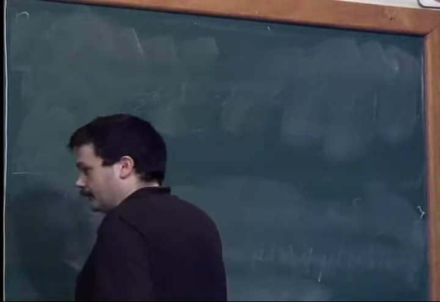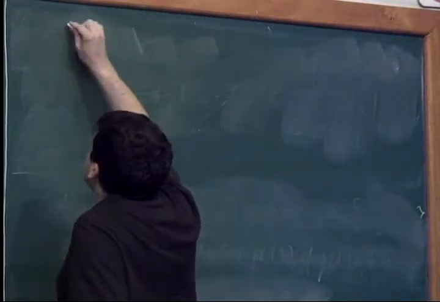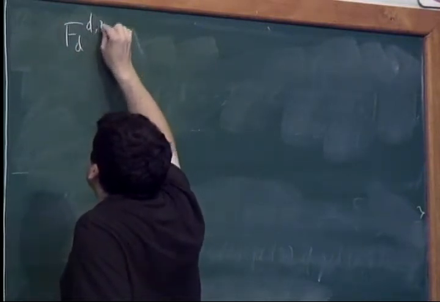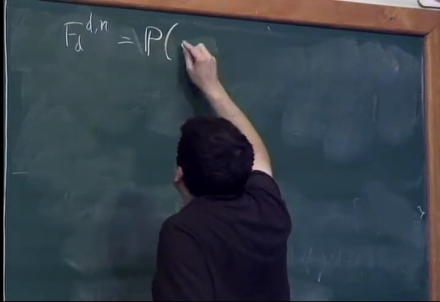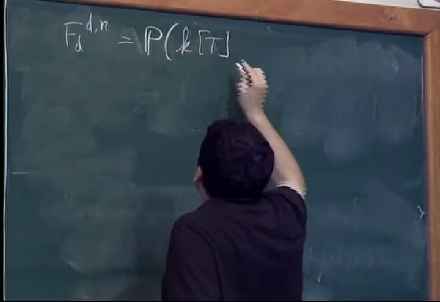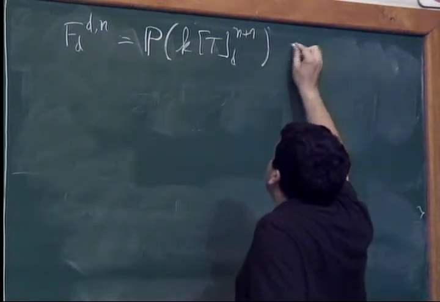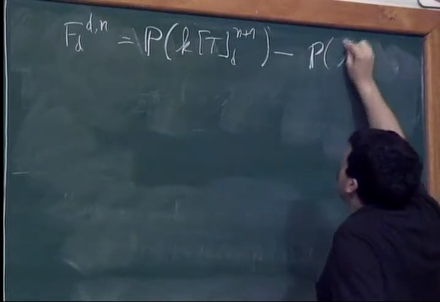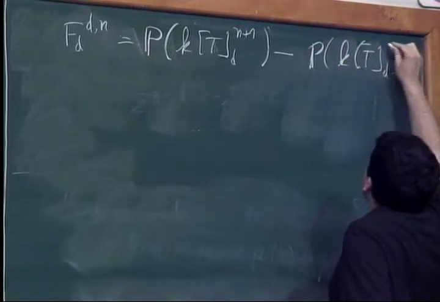So first of all, let me start with the maximum of the degree equal to d. So this is F_d^n. This is the projective space associated to the polynomials of degree less than or equal to d to the power n plus 1, minus the projective space corresponding to the polynomials which have a degree less than d minus 1.